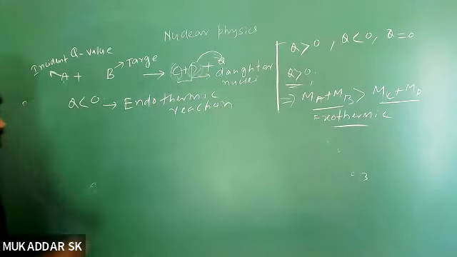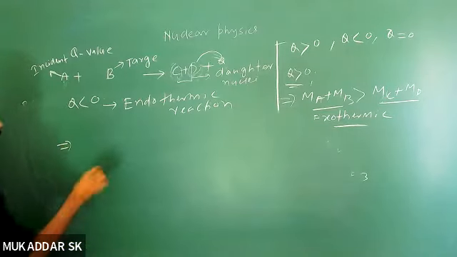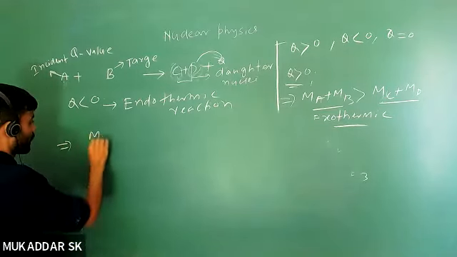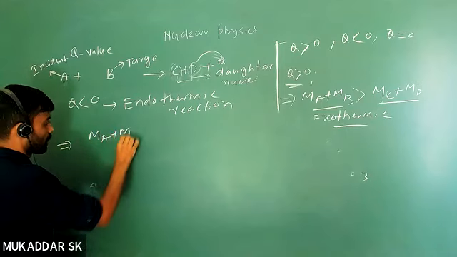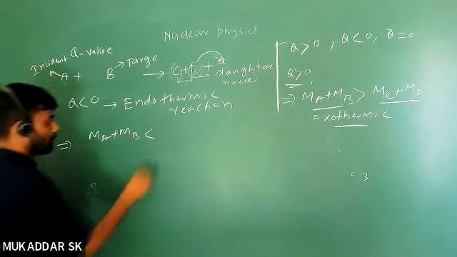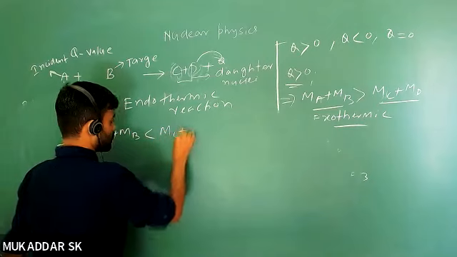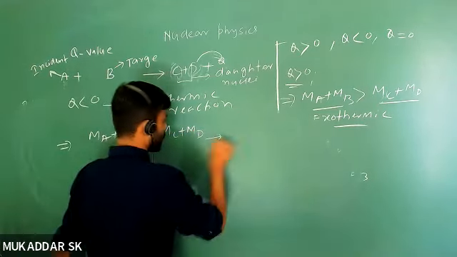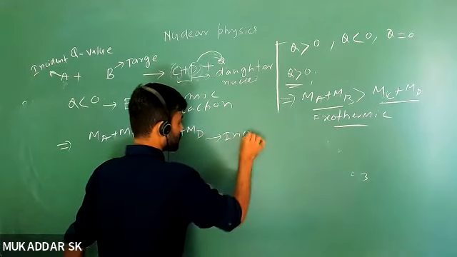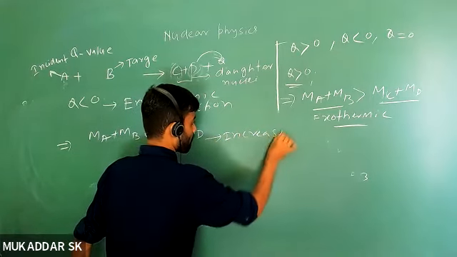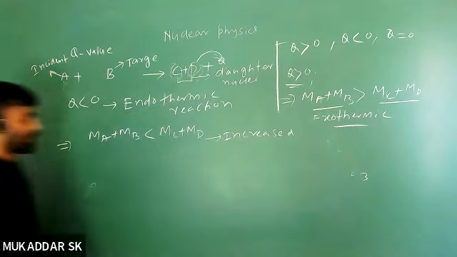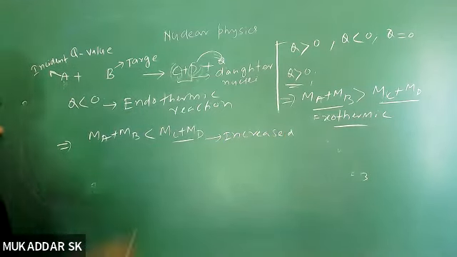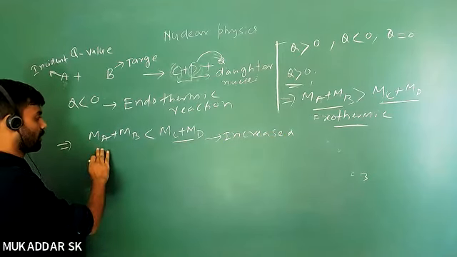In this process, you can clearly see if you substitute Q less than 0, it means Ma plus Mb should be smaller than Mc plus Md, right? So there is an increase of mass. After the reaction, mass is increased, so the product mass is higher than the reactant mass.